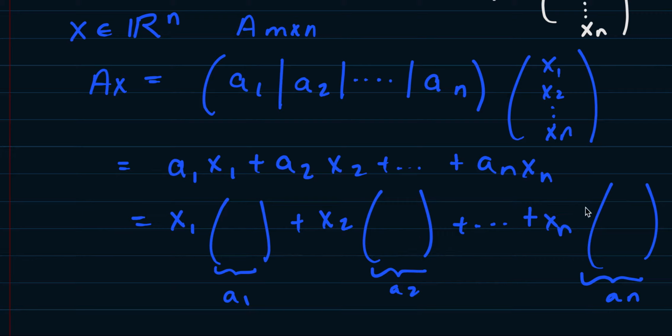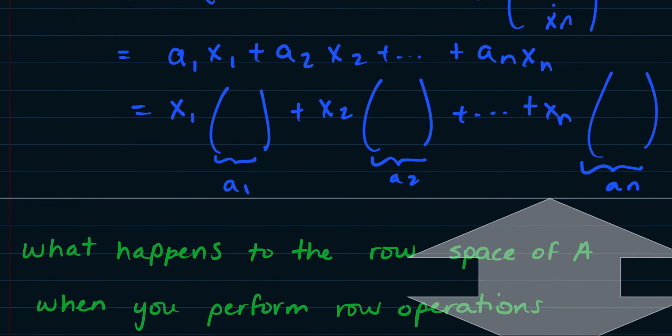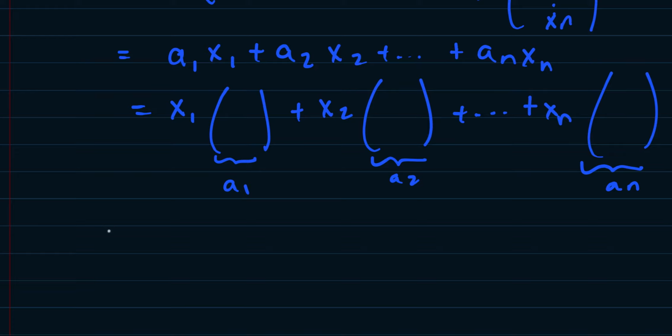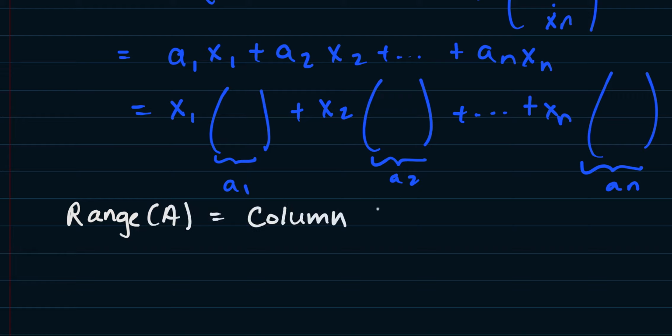So it's the span of the columns. So this tells us that the range of A is equal to the column space of A.